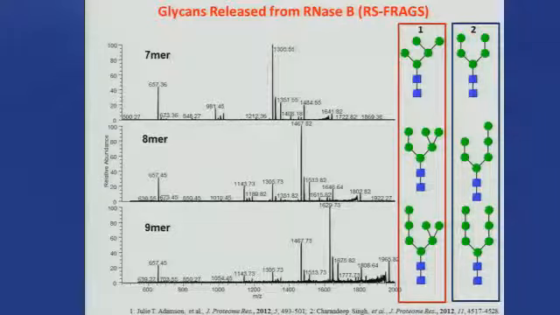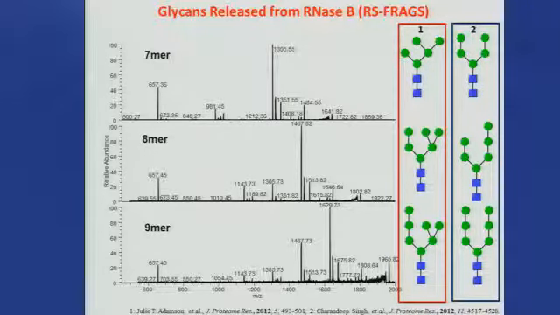And the one that we tried it on initially was this RNase B. A couple of previous studies had been done using mass spectrometry recently to characterize the 7, 8, and 9-mer. And these two studies actually didn't completely agree as to what the structures were, which was one reason we picked this as an interesting problem.